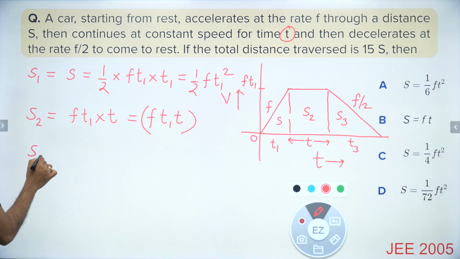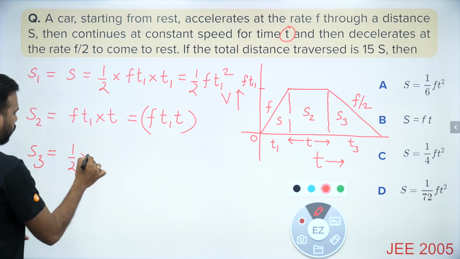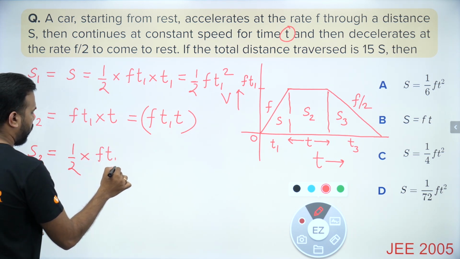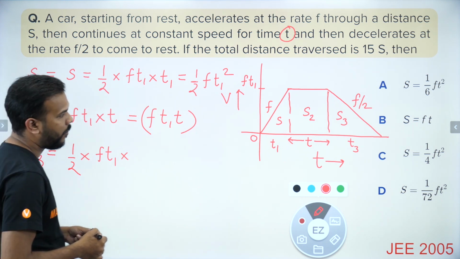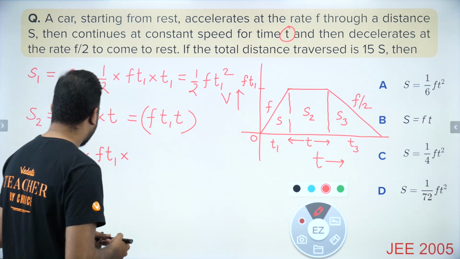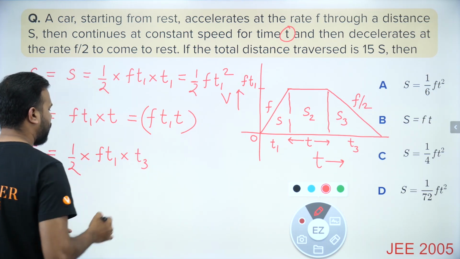And if I speak about S3, then S3 is again the area of the triangle, which is half into altitude, which is f times t1, multiplied by this gap, that is given to you as t3.